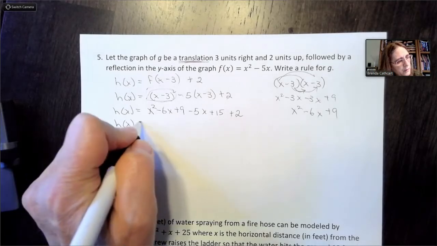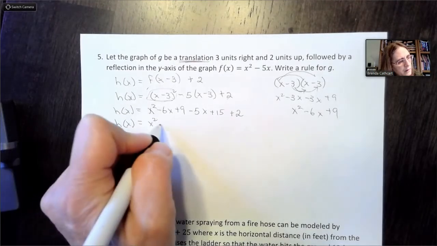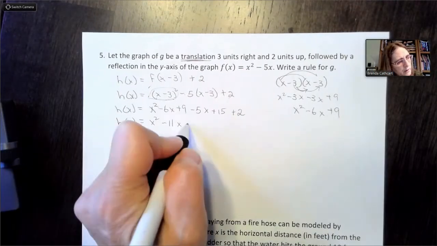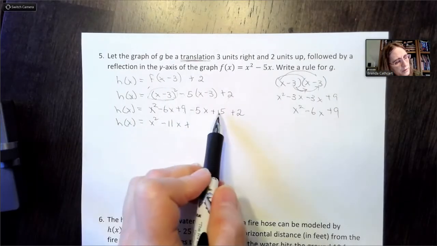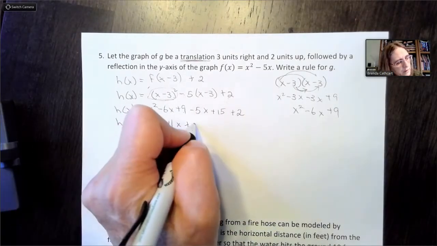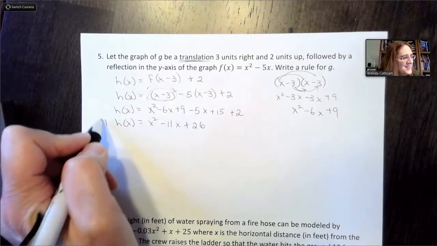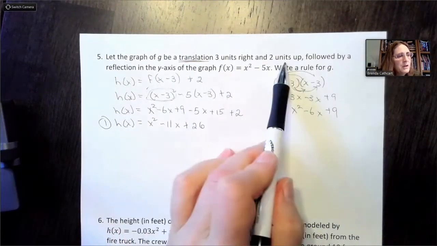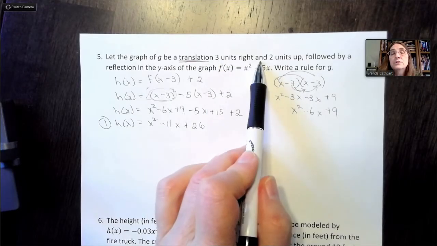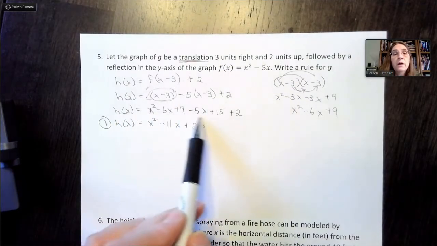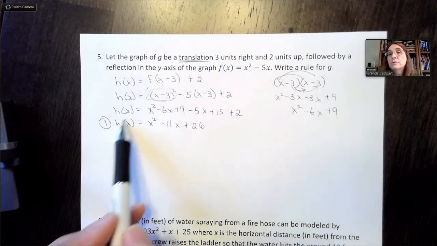Combining like terms, we have x squared minus 11x plus 9 plus 15 plus 2 is 26. Okay, that's step 1. That accomplished our translations and simplified our transformed function.